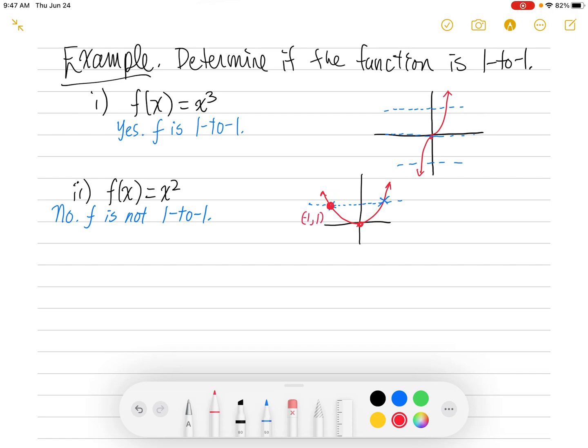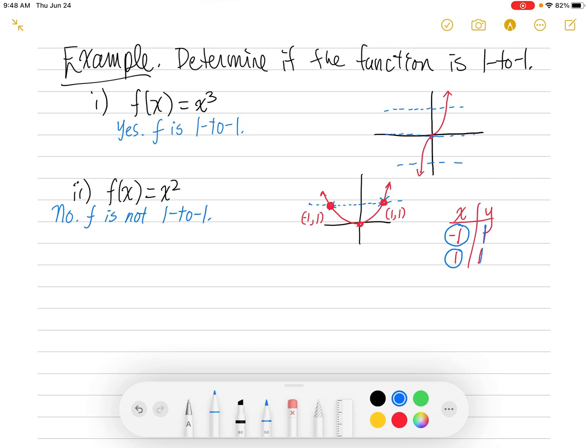Now, let's actually think about why. Imagine taking the point over here, negative 1, 1, and this point over here is 1, 1. If I did an XY table, I'd have negative 1, 1 and positive 1, 1.